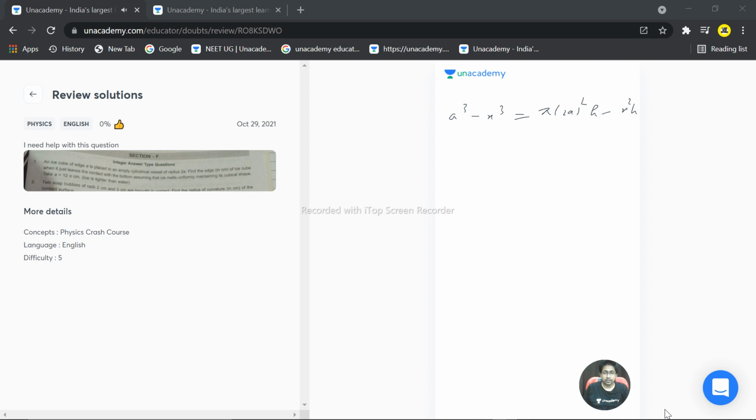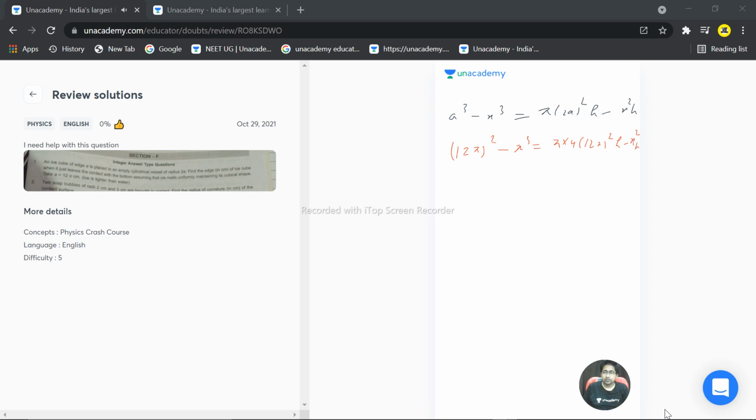Here a is 12 pi as given in the question. So 12 pi cube minus x cube is equal to pi into 4 into 12 pi whole square into h minus x square h.